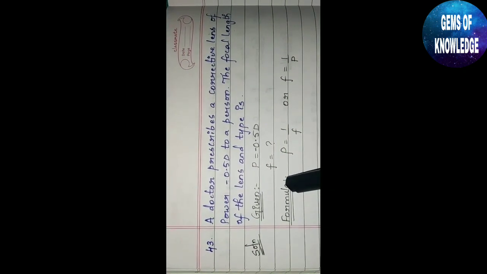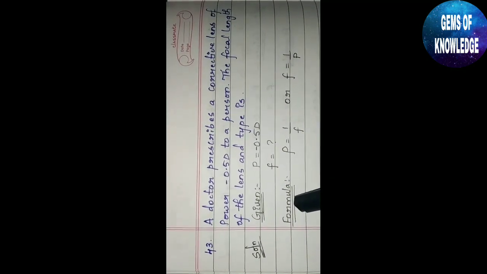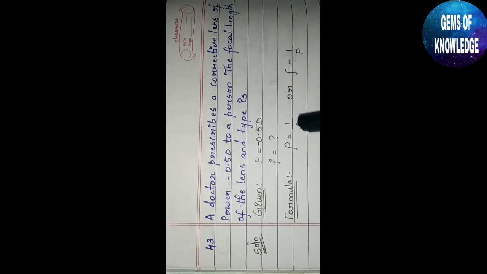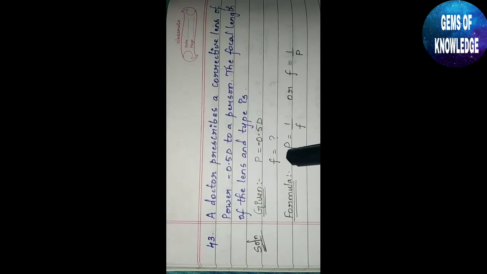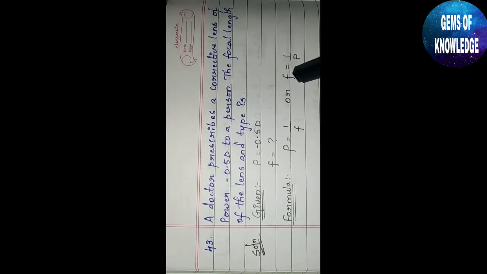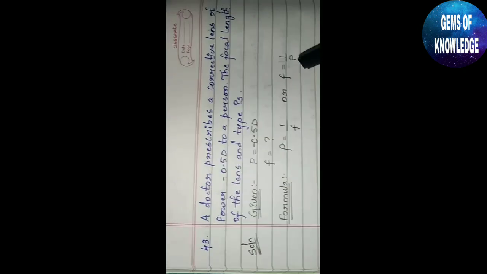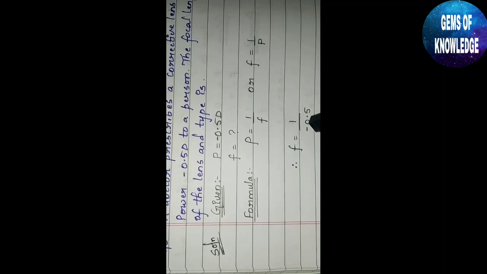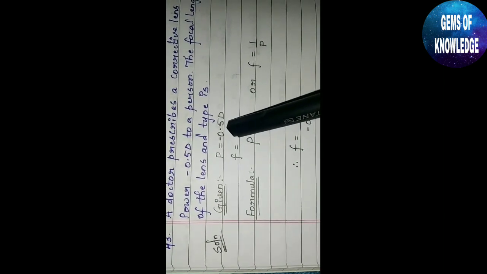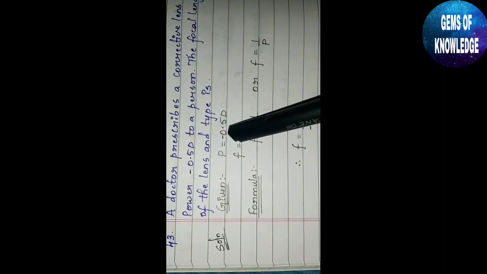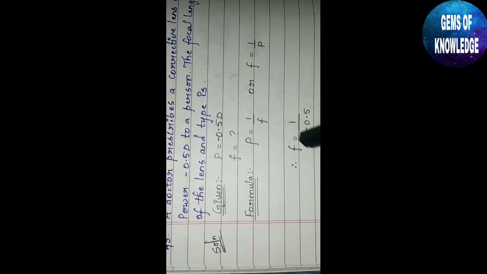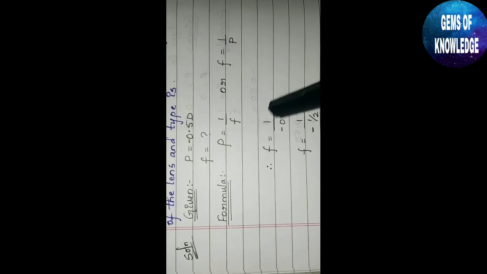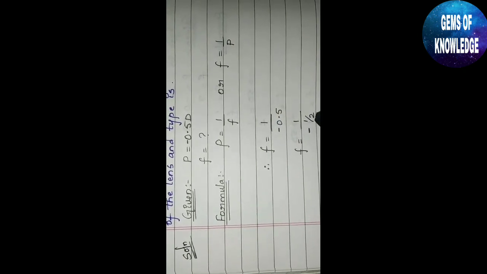Let us write the formula. We have the formula of power as P is equal to 1 by F. If we take F to this side and P to the other side, we get F is equal to 1 by P. Let us substitute. F is equal to 1 divided by P, and the value of P we already have in the question, that is minus 0.5 D. This 0.5 can be written as 1 by 2.